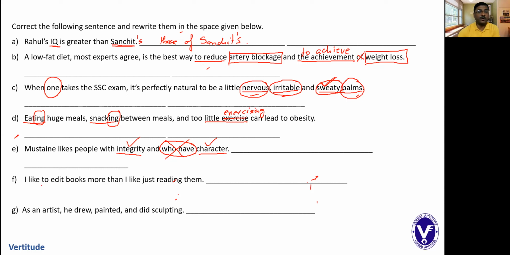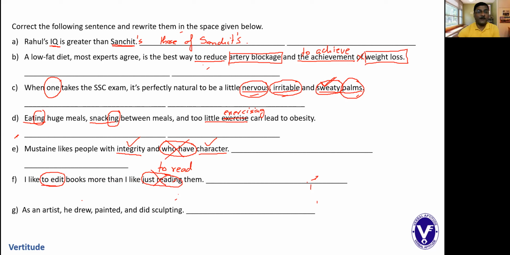I like to edit books more than I like just reading them. Now, look at this, guys. I like to edit, means he's doing something, work, to edit books. Then I like just reading them. So, I like to edit and just reading. That does not make it parallel. So, I like to edit books more than I like to read them. To read them. Then only the sentence will be parallel.